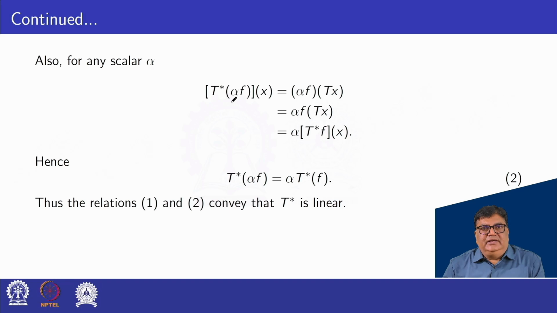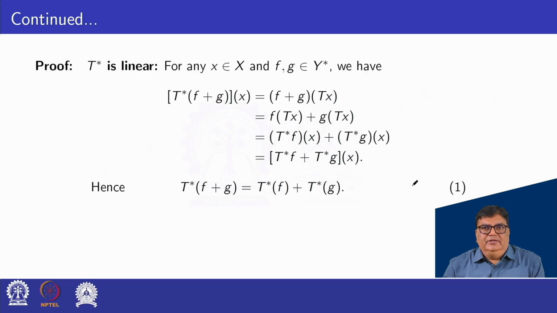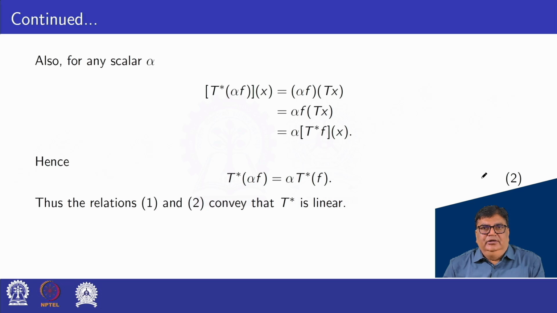Hence (T star (alpha f))(x) equal to alpha into (T star f)(x). Therefore, T star of (alpha f) equal to alpha into T star f. Hence, from 1 and 2, we prove that T star is linear.